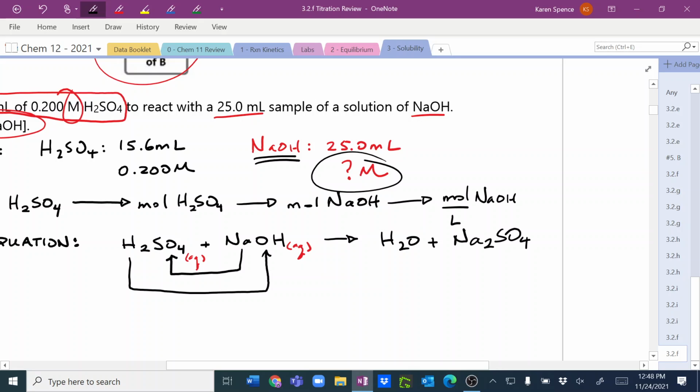Okay, and then we need to balance this, because if we don't balance it, it's not going to do us any good in terms of our mole ratio. The easiest way to balance it is to say I need exactly the same number of hydrogens and hydroxides, because hydrogen reacts 1-to-1 with hydroxide. So 1 H, 1 OH.